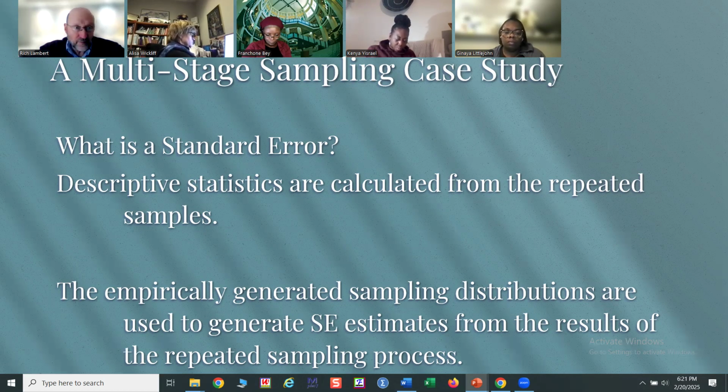But when there are replicate weights involved, it creates those standard errors by simulation, because we don't actually know what the right formula is. Our complex sampling process was so complicated that it's not a simple formula anymore. So the computer programs use simulation to figure out what it should be. They basically create empirically generated sampling distributions, and they're used to estimate standard errors from the results of this repeated sampling process.